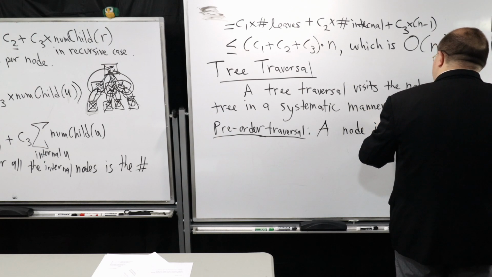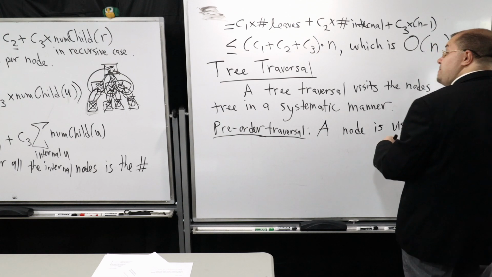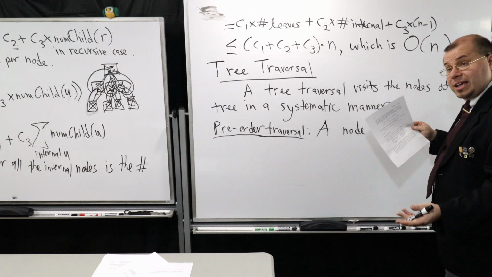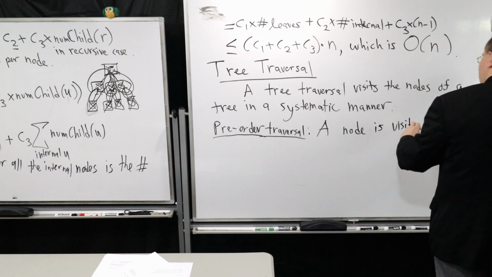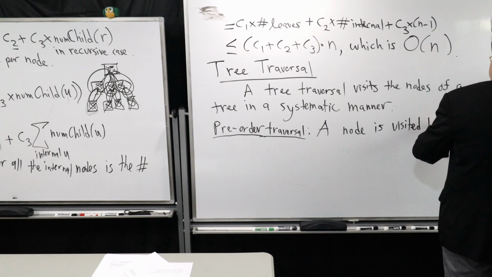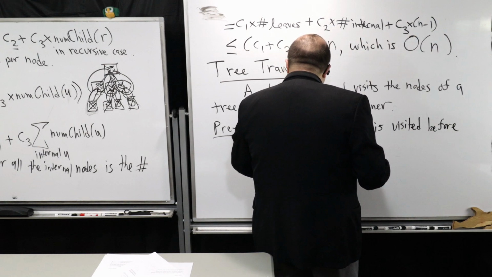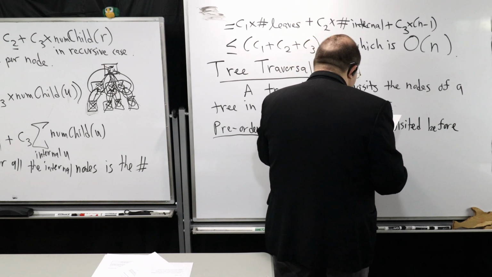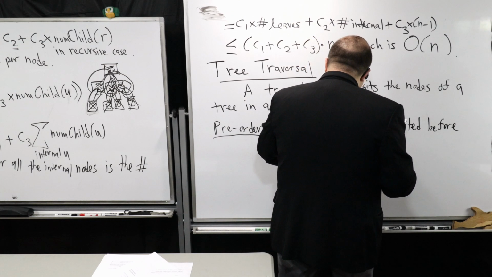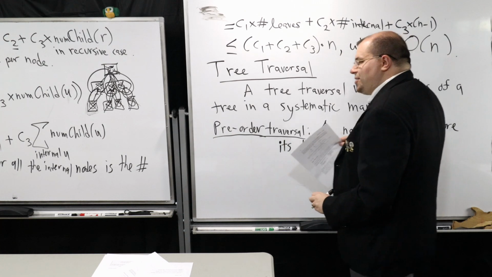There's going to be this operation I'm just going to colloquially refer to as visiting a node, which is where you do stuff at a given node. A node is visited before its descendants. That's one of them.